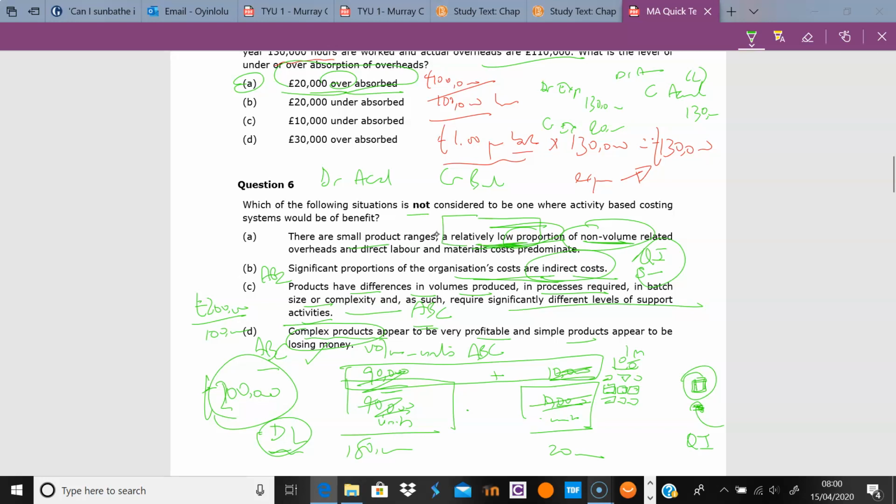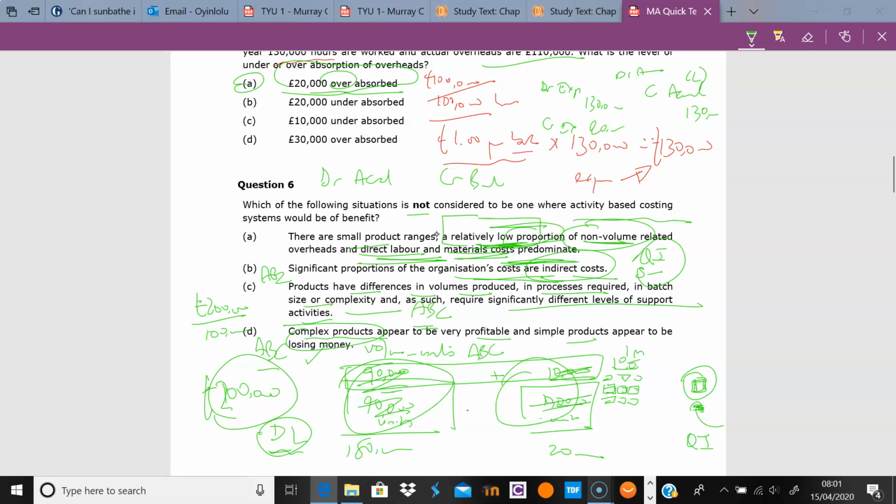And it says I have a lot predominate. This is the key: direct labor and direct materials. So again, back to my world of traditional absorption costing. A lot of labor, a lot of material. Right, okay, fine. I can use normal traditional absorption costing. I don't need to start using ABC.